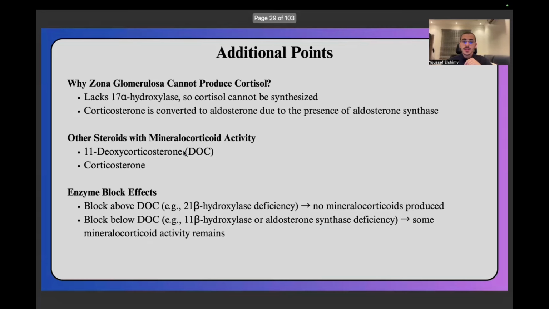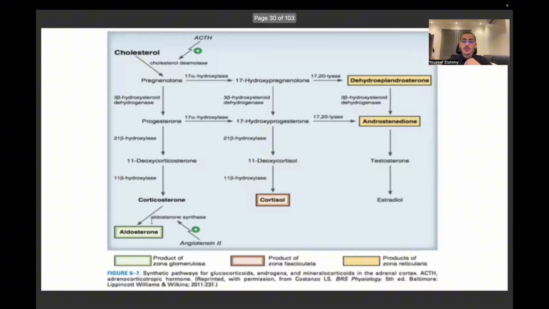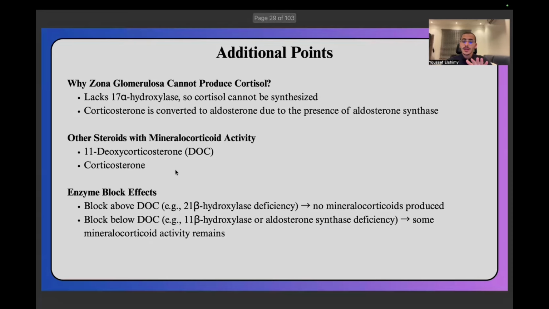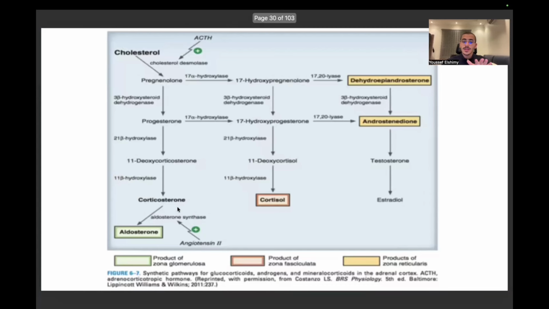But if there is, for example, a deficiency below DOC, such as 11 beta hydroxylase, you can still produce 11 deoxycorticosterone or DOC, and this also has mineralocorticoid activity. So you can live with having the DOC hormone.